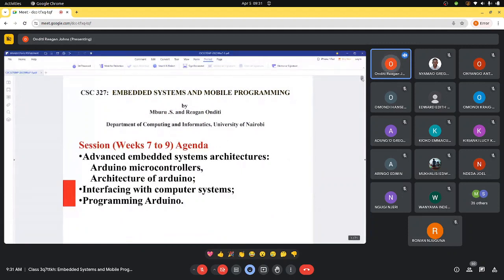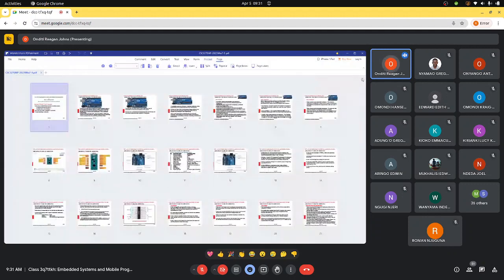On our first slide, I say that from this week to the subsequent weeks up to, I think, week 8, we are going to look at the Arduino microcontrollers, the architecture of the Arduinos in general, and interfacing the Arduino with our computer system. And lastly, I did say that we are going to look at the programming aspect of the Arduino board.